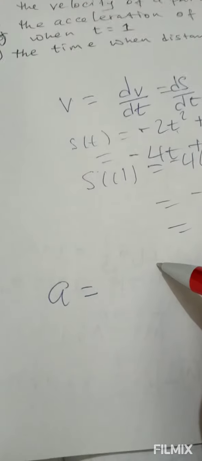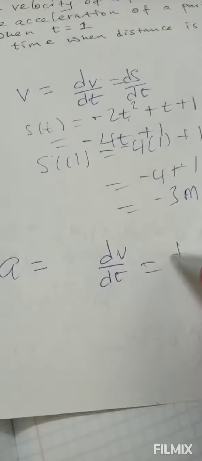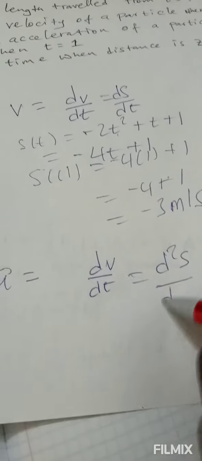Then acceleration is the rate of change of velocity with time, which is dv over dt, which is d2s over dt squared.